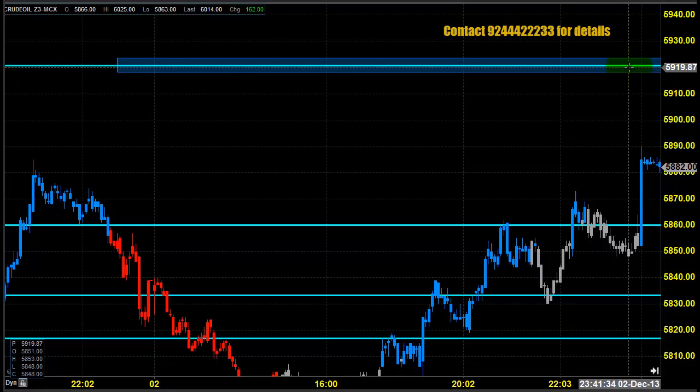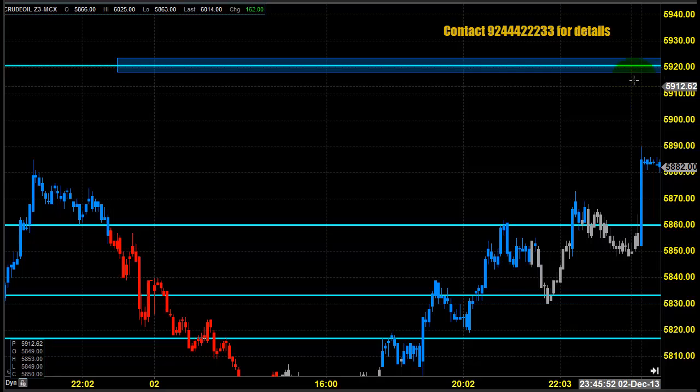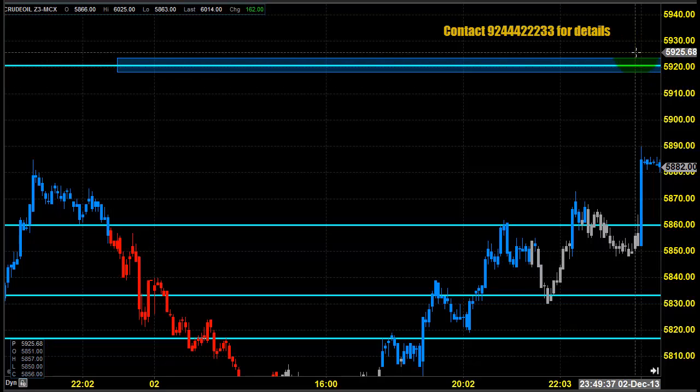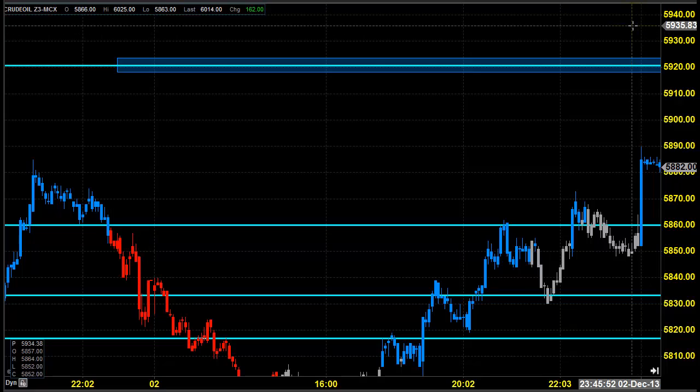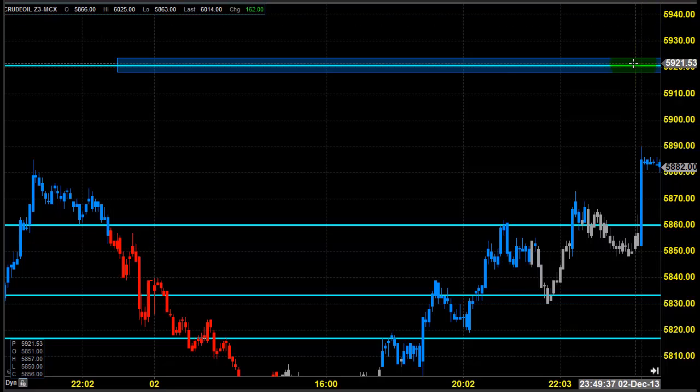Initially we expected the price to test this 5920. If the price is going above 5920, we expect the crude will reverse its trend. So we advise all the clients to go for a reversal only after testing 5920. So there will be a strong price action above 5920. That was our clear expectation.